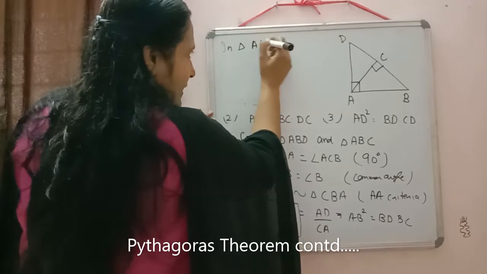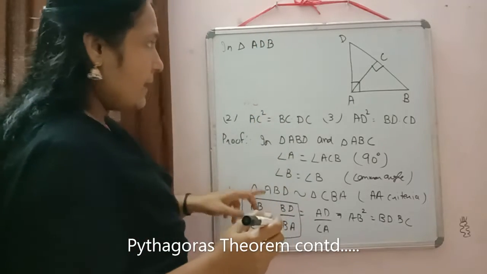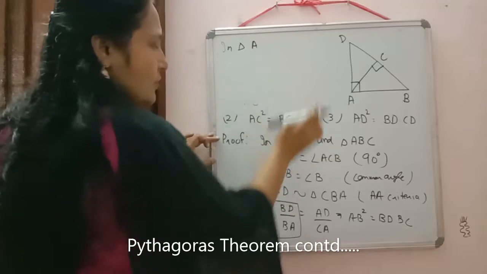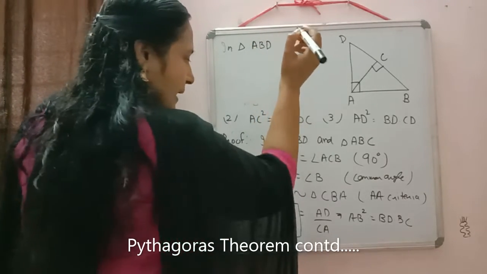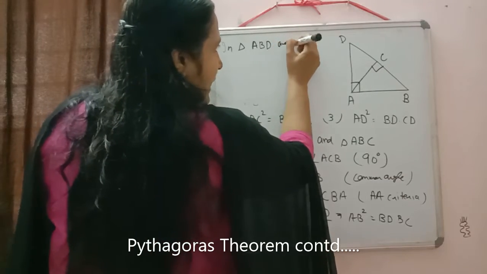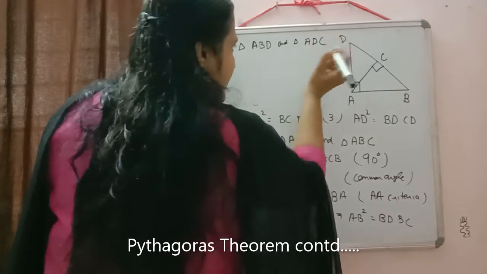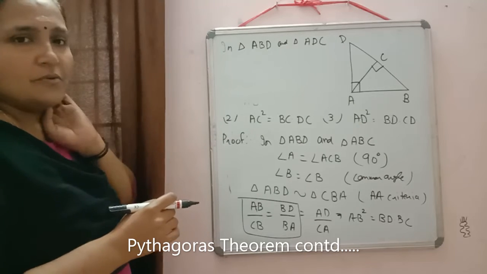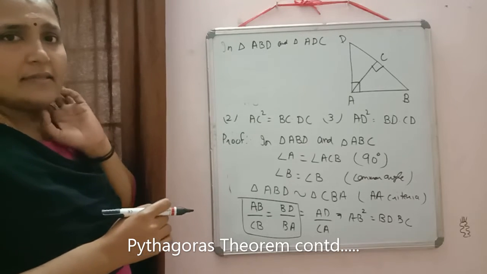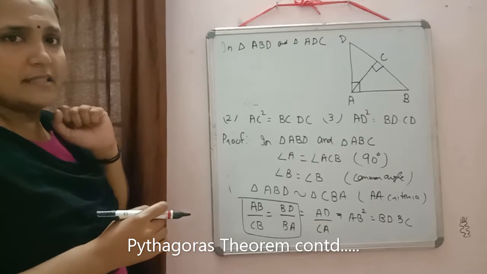Which one? Triangle ADB, ABD we wrote, so that naming should be written. In the first one, what you wrote, triangle ABD and triangle ADC. I am not writing the statement there, just to prove the two triangles are similar. This one we did while proving Pythagoras theorem also.